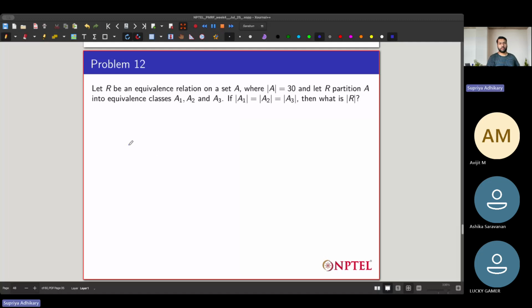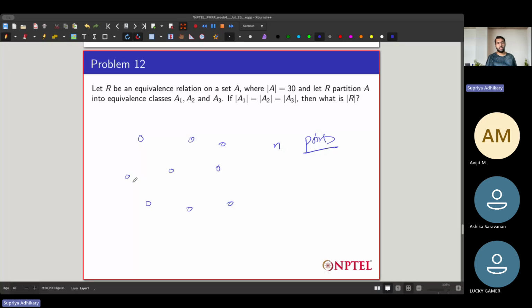So now, first of all, consider n many points. Now consider that all of these n many points are in the same equivalence class. Then, if they are related to each other, we can consider a line among them.